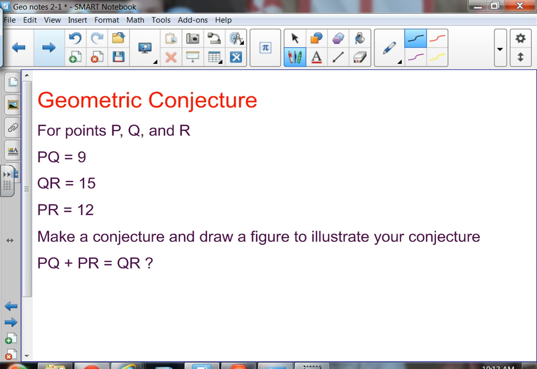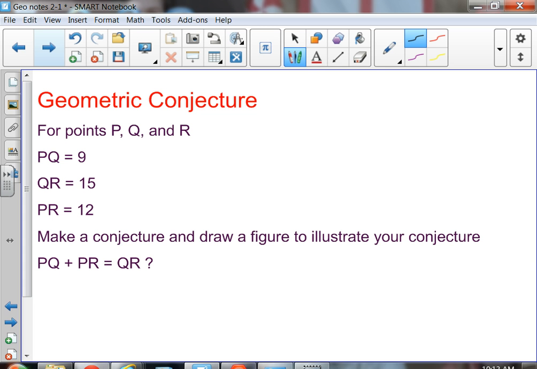All right, geometric conjecture. Geometric conjecture for points P, Q, and R. They tell us that PQ is 9, QR is 15, and PR is 12. They want us to make a conjecture and draw a figure to illustrate your conjecture. They want to know, is PQ plus PR equal to QR?